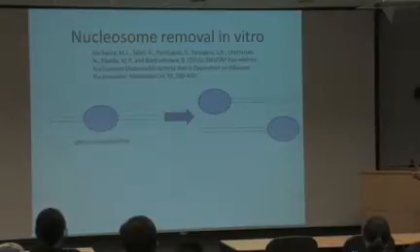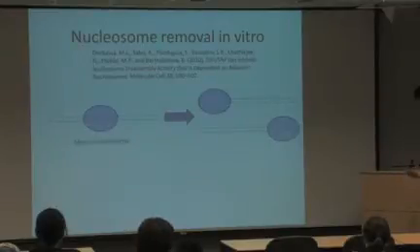The end result of this is you get two different forms of nucleosome DNA. Sometimes you find the nucleosome on one end, sometimes you find it on the other end. However, what you do not see is the removal of the nucleosome. Okay? You always see that there's still a nucleosome present on this DNA.